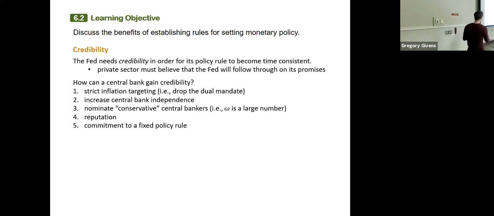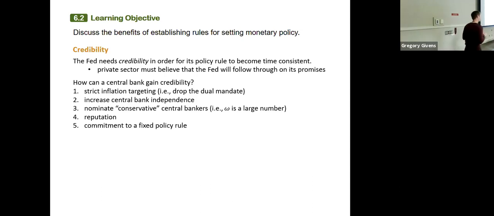The Fed does not actually have, it's not a strict inflation targeting central bank. It does not actually have to commit to that type of policy rule, but over time, the Fed has gained a great deal of credibility by maintaining a high reputation, demonstrating that it can adhere to good policies over time.